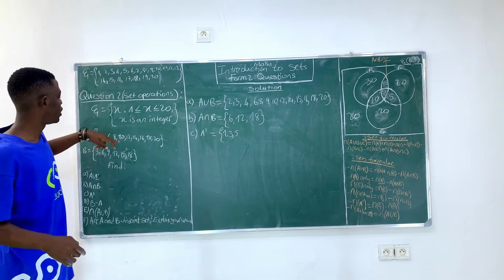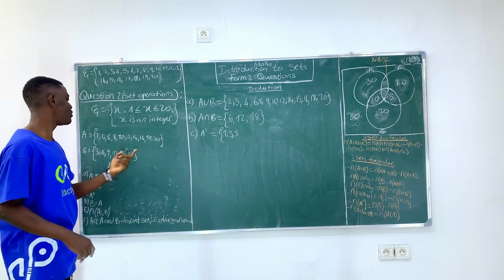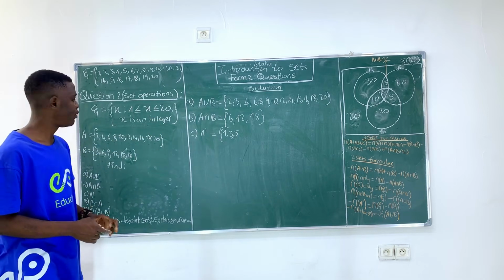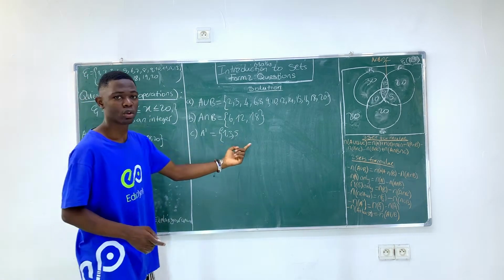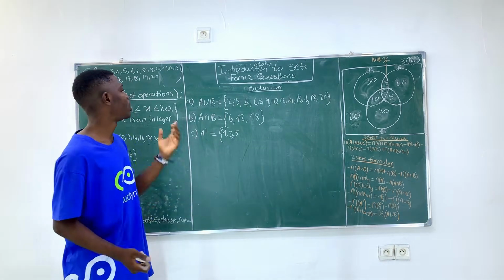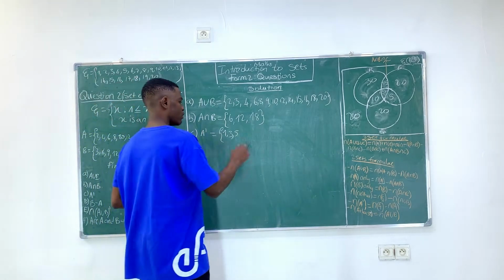Is 6 in A? Yes. If you notice well, all the values in A are even numbers from 1 to 20. So you can just write all your odd numbers, because if a number is not even from 1 to 20, then it is odd.